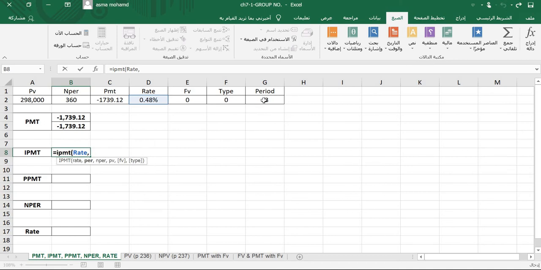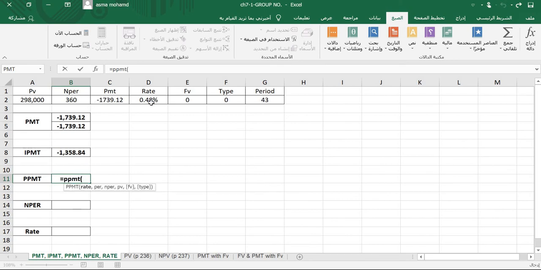In our example, we will choose the 43rd period, and then Excel wants us to insert the number of periods, how many months we're going to pay, and then the present value, the future value, and the type as default as we talked earlier. Now we will show the PMT.